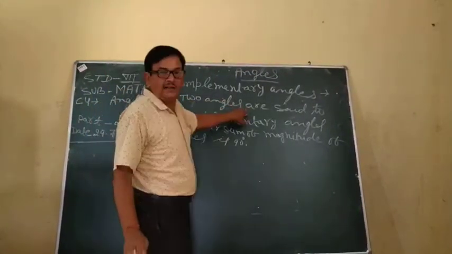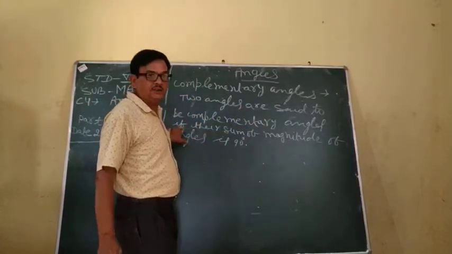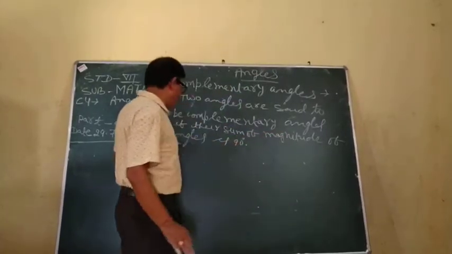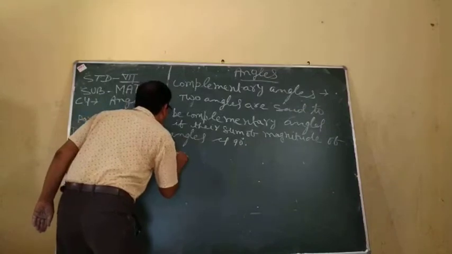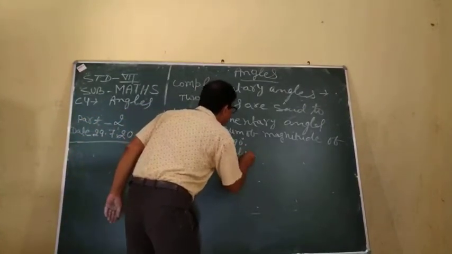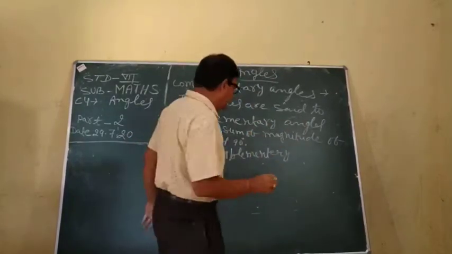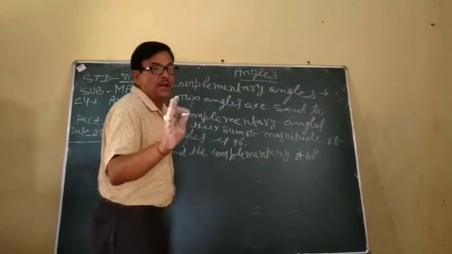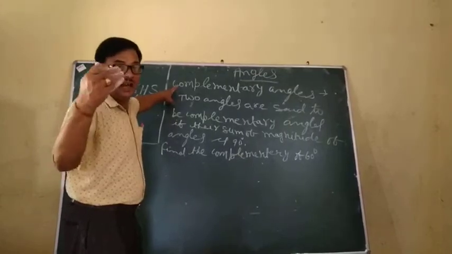Now, complementary angles. Two angles are said to be complementary angles if the sum of their magnitudes is 90 degrees. Now find the complementary angle of 60 degrees. As I have given in the definition, the sum of the two angles is 90 degrees.